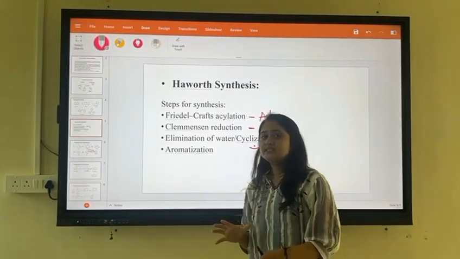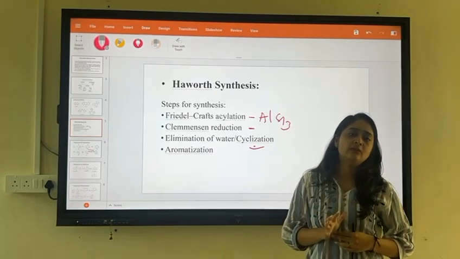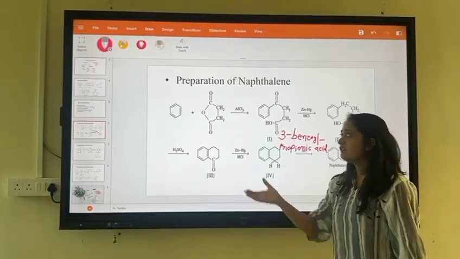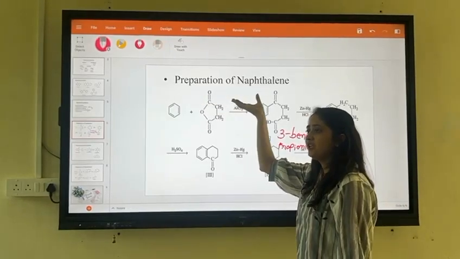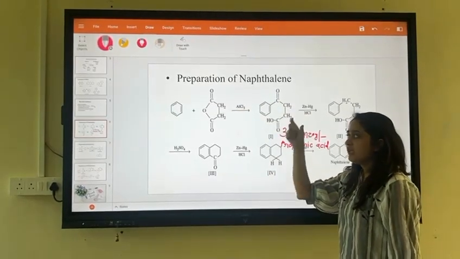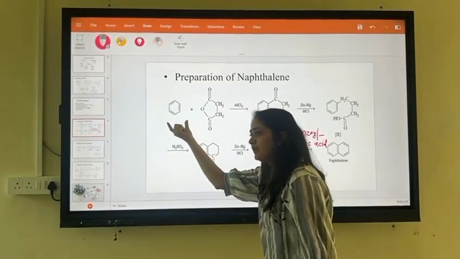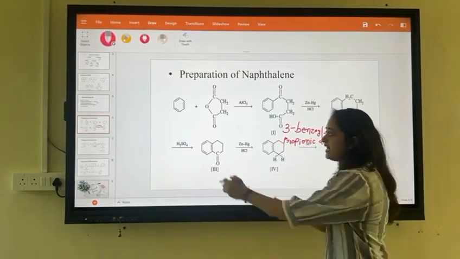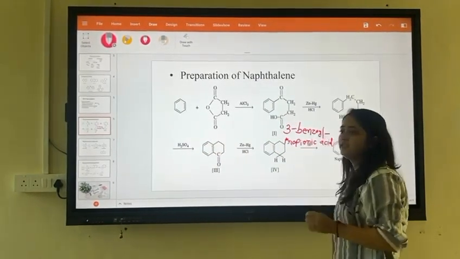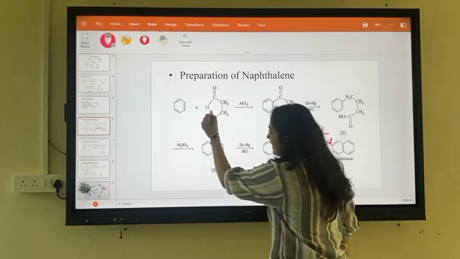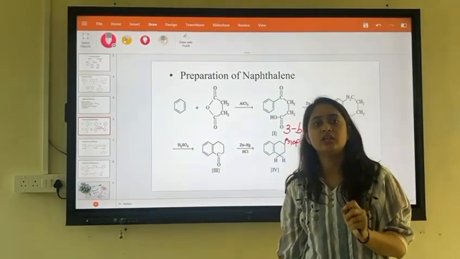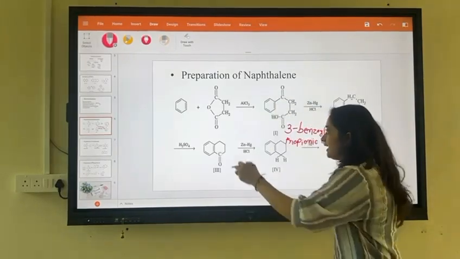Now we are going to discuss one by one the synthesis of fused cyclic aromatic rings. First, the preparation of naphthalene using Haworth synthesis, in which the unsubstituted benzene ring is reacted with the dehydrated form of succinic acid, which is the anhydride form of succinic acid, in which succinic acid removes one water molecule from its structure and cyclization happens.